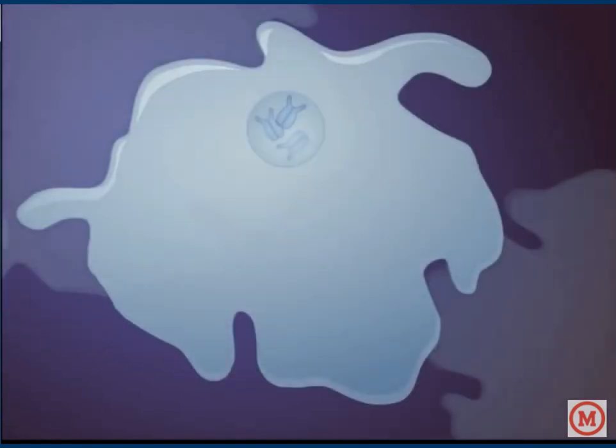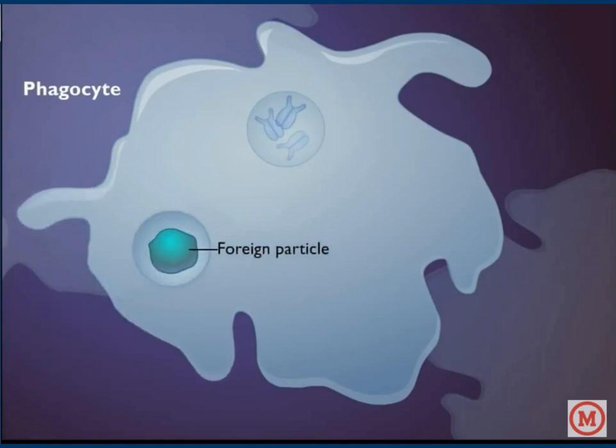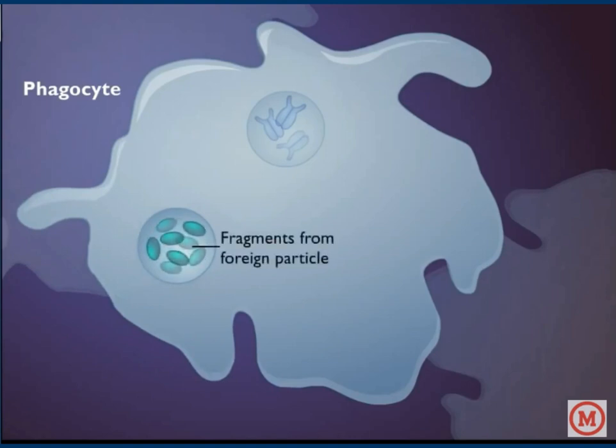A different process occurs if the antigen originates outside the cell. Phagocytes, such as macrophages, ingest foreign particles, such as viruses and bacteria, by endocytosis. The foreign particles are broken down into fragments within a vesicle.